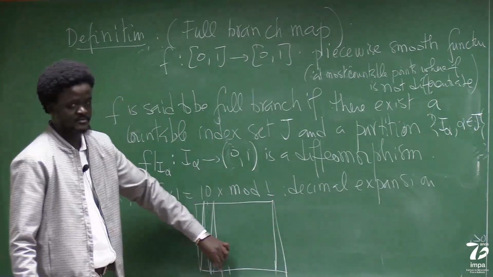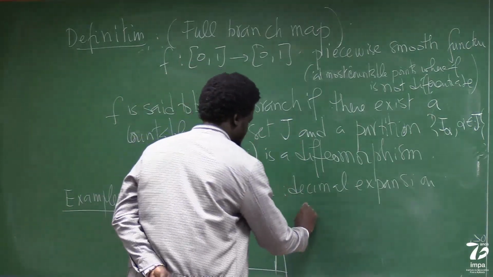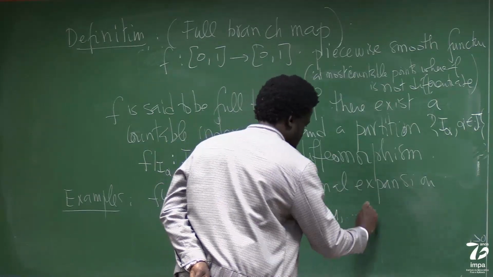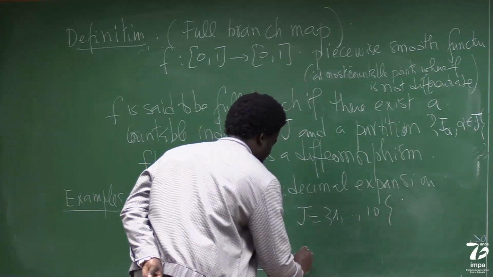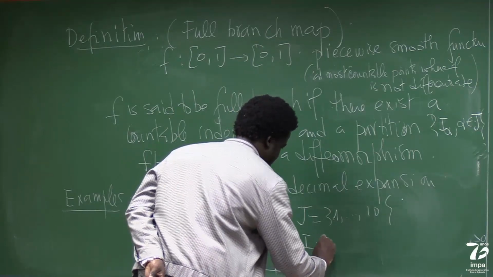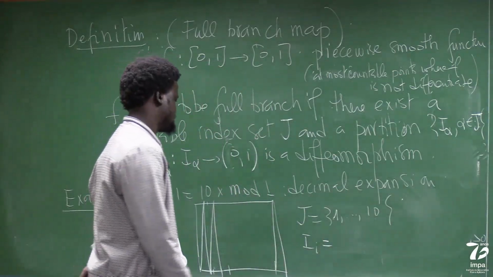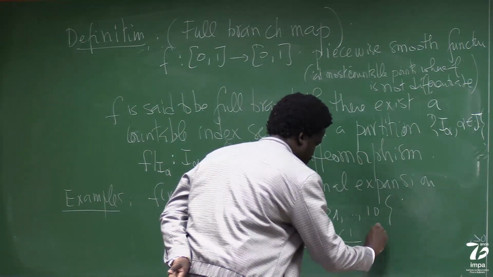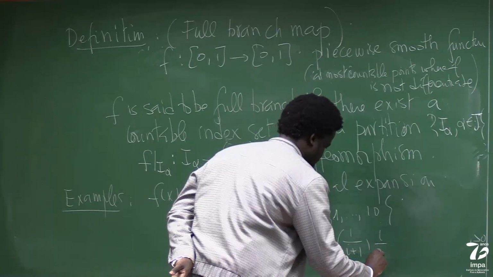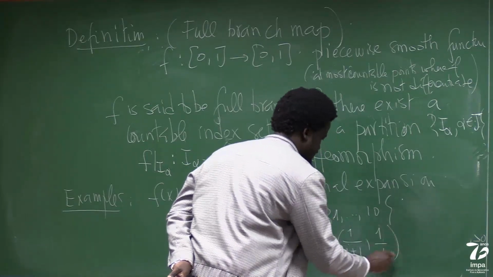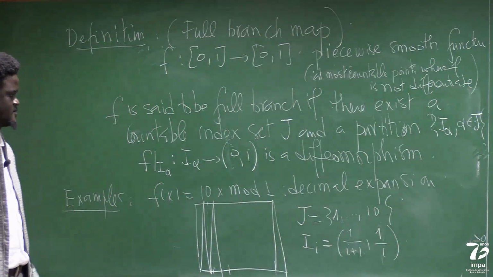So you have n subdivisions. So here J equals 1 to 10, and I_i equals 1 over i plus 1, 1 over i, like this.